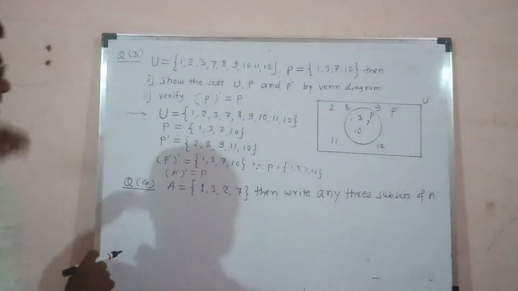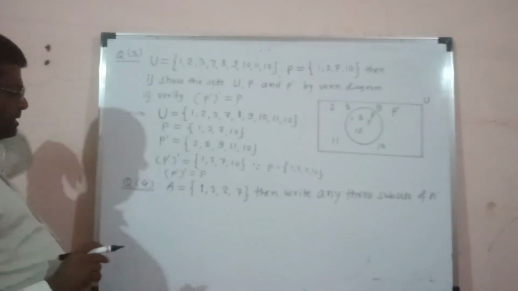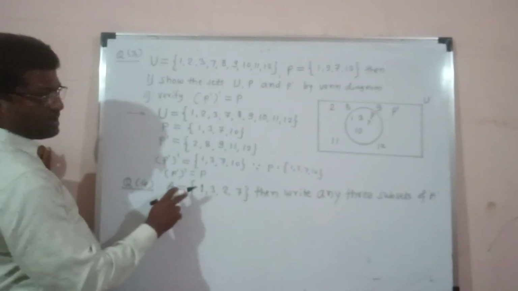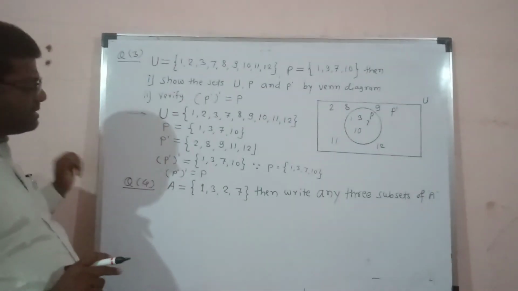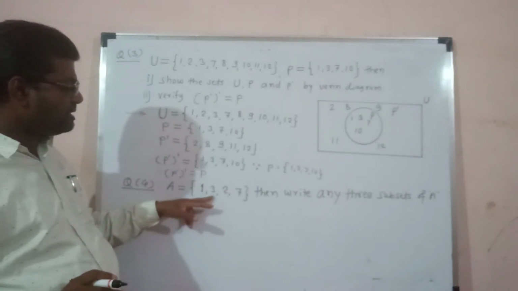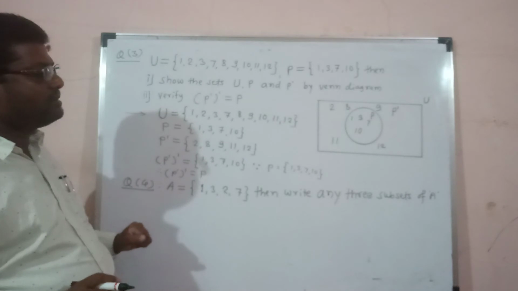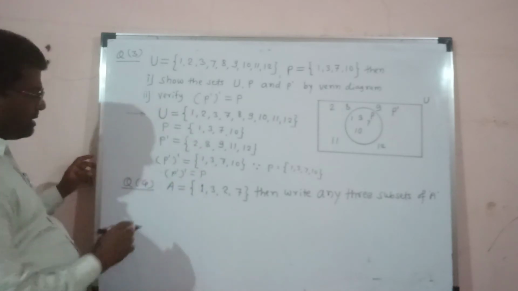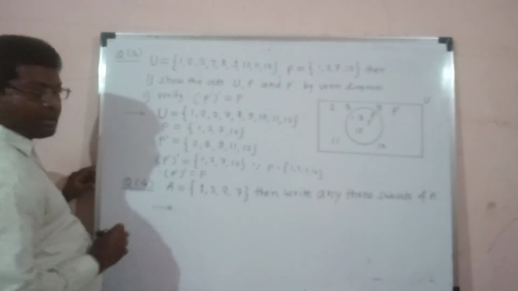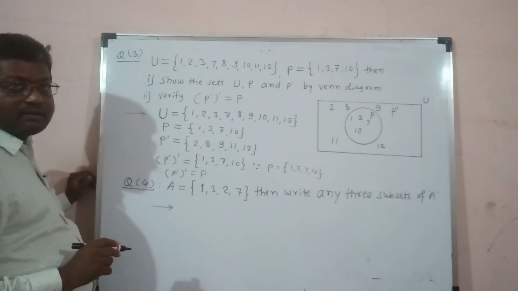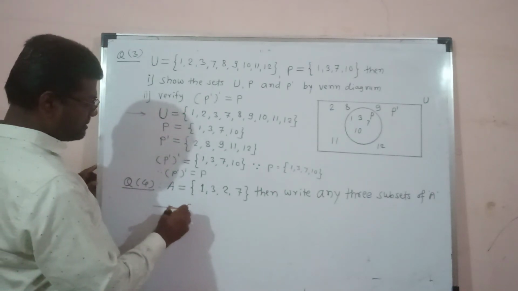Now let us see question number 4. In question number 4, set A is equal to, in curly brackets, 1, 3, 2, 7. Then write any three subsets of A. Empty set is a subset of all sets.